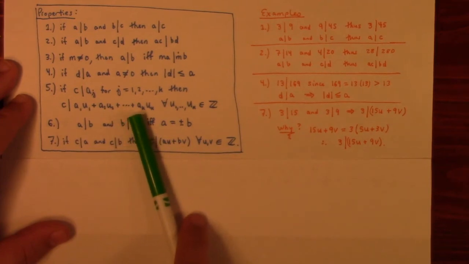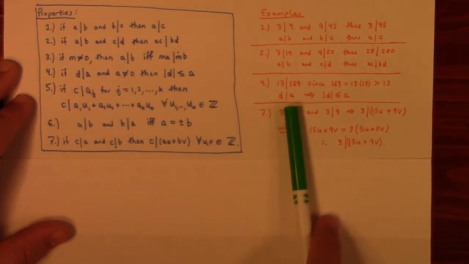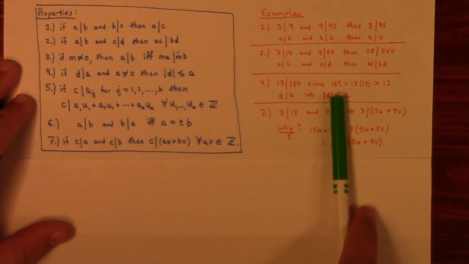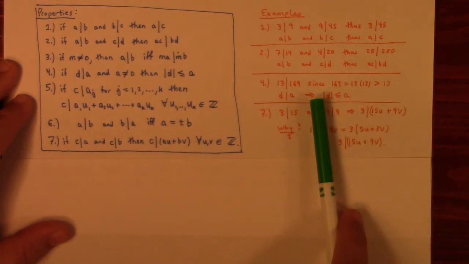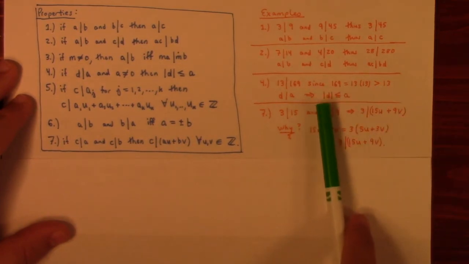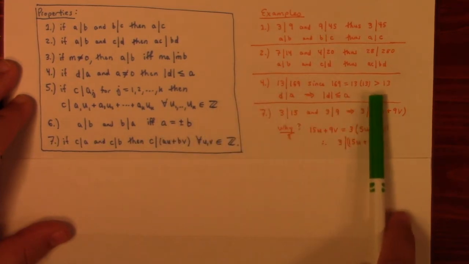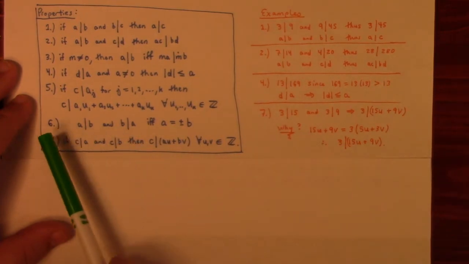Okay. And an example of that, let's see here, 13 divides 169, since 169 is 13 times 13. Of course, that's greater than 13, thus illustrating that the divisor is smaller than the number. Great. I'm sure you could come up with a better example than that one. I'm not terribly proud of this example, but enough about that.